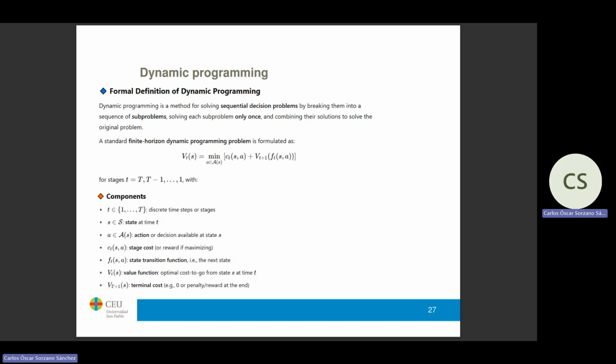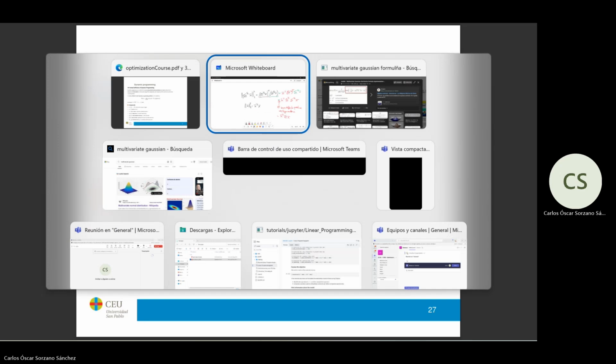And then all these dynamic problems are solved in this way. The standard finite horizon dynamic problem, so the time doesn't go to infinity but goes to some maximum time, capital T, is divided into smaller subproblems. So I can consider a set of states.